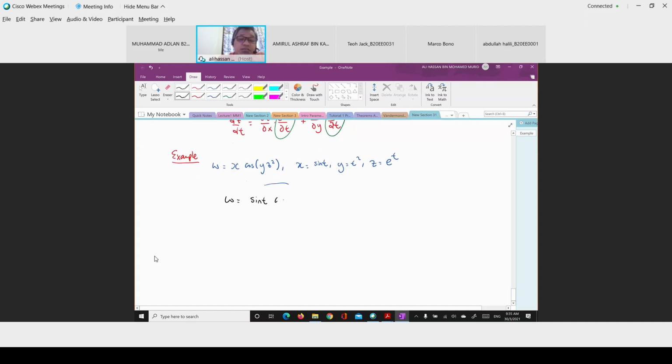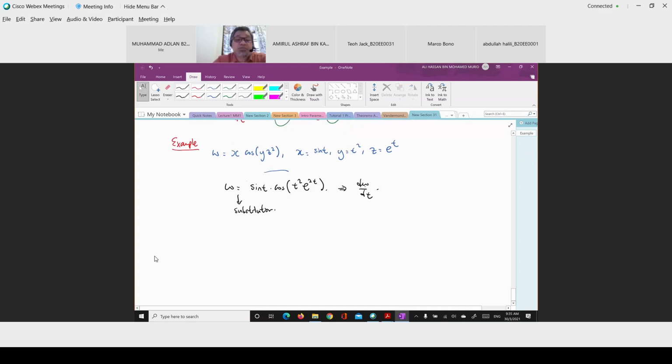You can see that clearly if I do the substitution: sine t cosine of t squared times z squared, which is e to the power of 2t. If I do the substitution of x, y, z, you can see that w is a function of t. Of course, you can also calculate dw/dt directly.